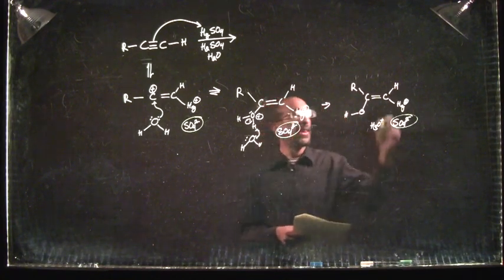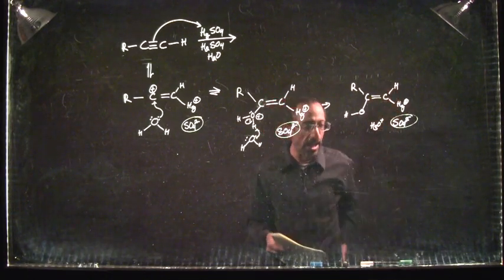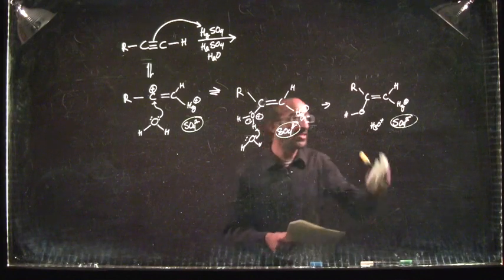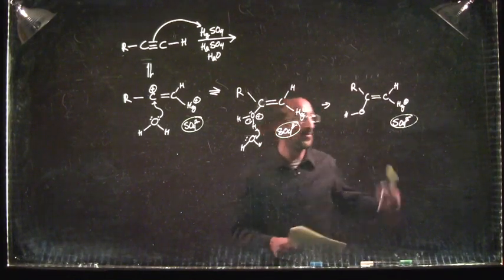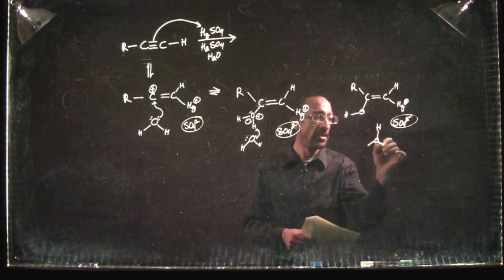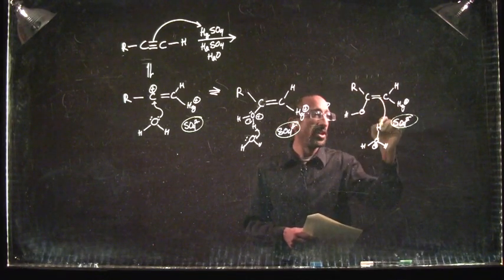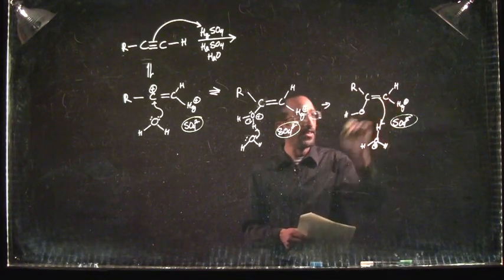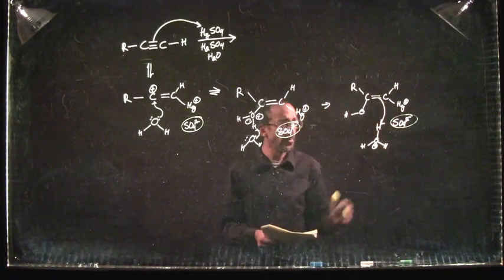From here, we are able to protonate this alkene carbon one more time from H3O+. So we'll have a second proton transfer event. We'll draw that out now more explicitly. There's our hydronium, and we're going to protonate the alkene carbon that has the mercury ion.